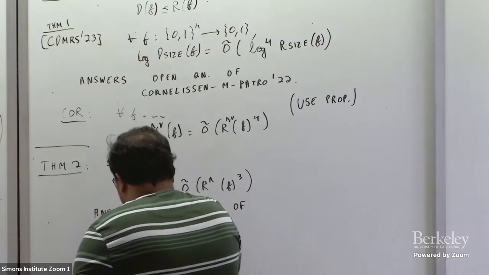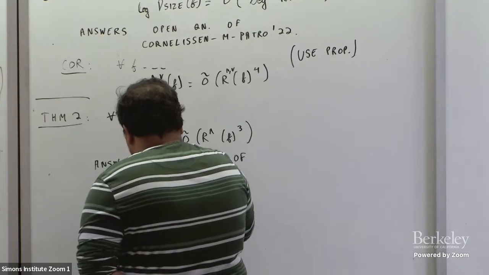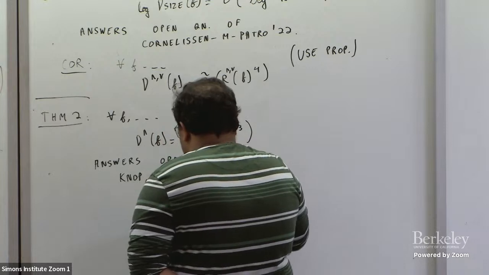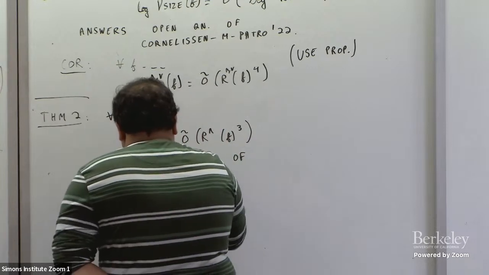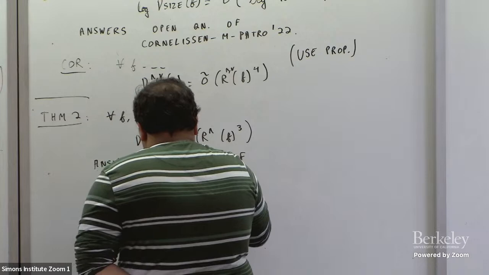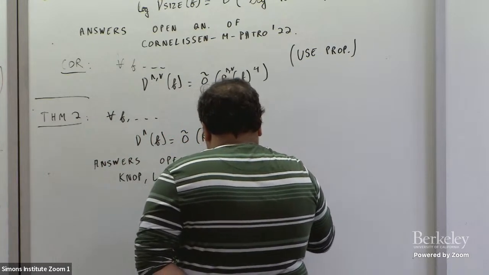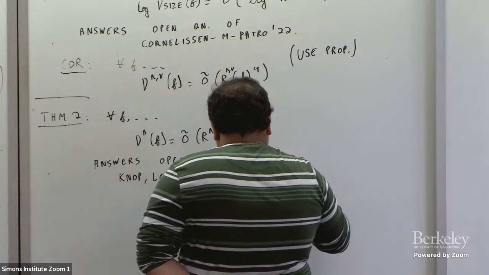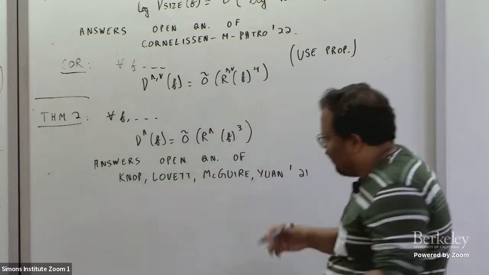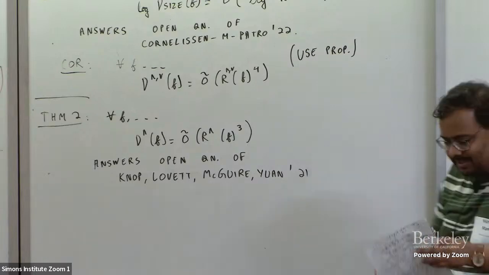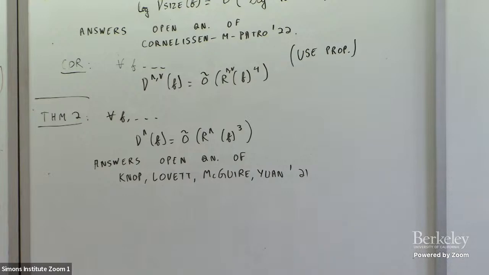So Knop, Lovett, McGuire, and Yuan had asked essentially this question in 2021, whether AND decision trees can be de-randomized. And we answered that in the positive.